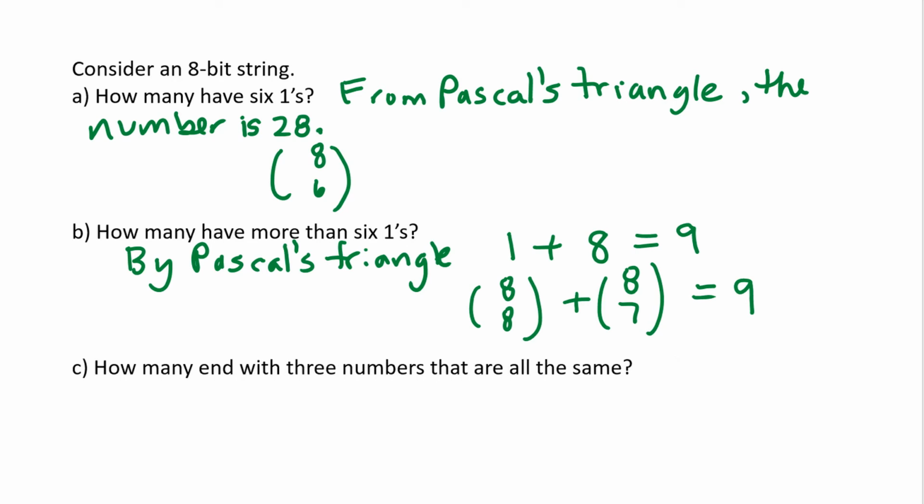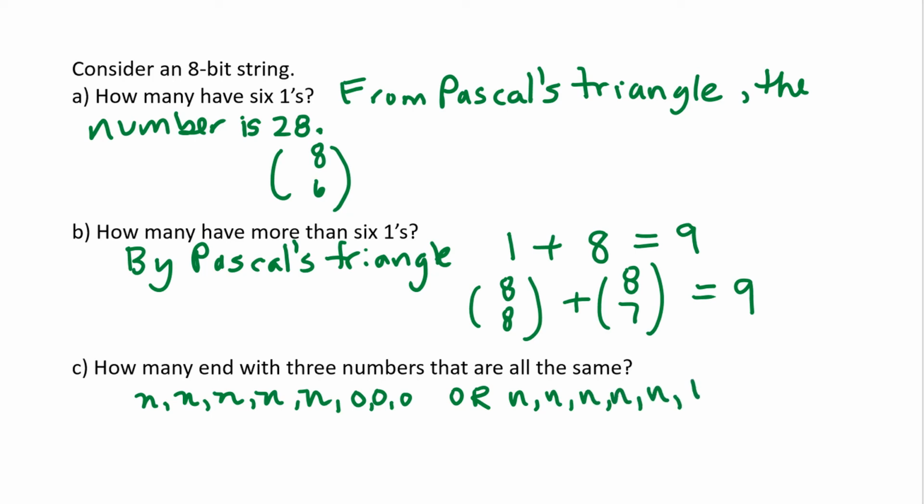Part C, how many end with 3 numbers that are all the same? So we still have an 8-bit string, and the first 5 could be 0 or 1. So we can have 0 or 1, 0 or 1, 0 or 1, 0 or 1, 0 or 1, and 0, 0, 0, or 0 or 1, 0 or 1, 0 or 1, 0 or 1, 0 or 1, and 1, 1, 1.